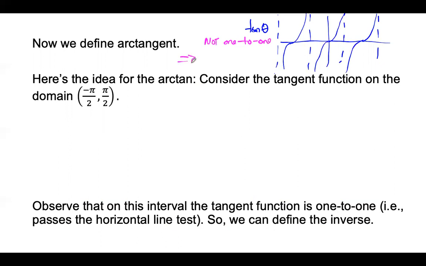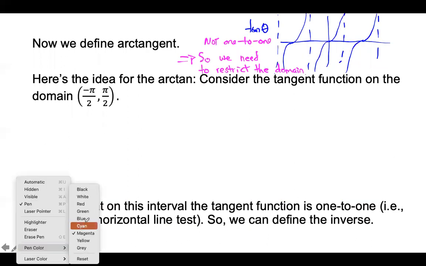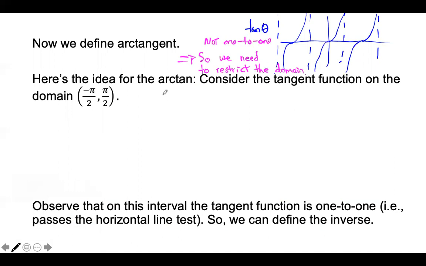So what do we do? We're going to have to restrict that domain. Okay, so we cut it off at certain points, and then it would be 1-to-1. So let's draw it again.